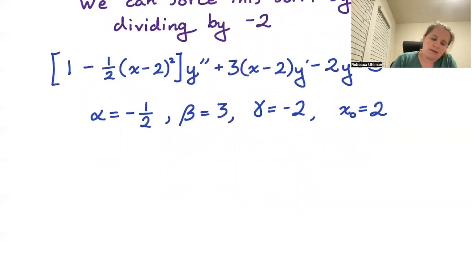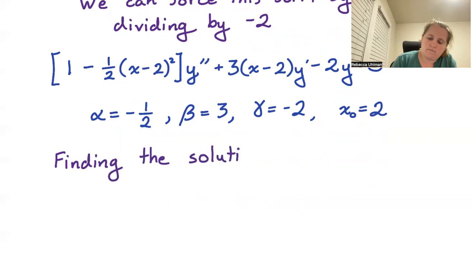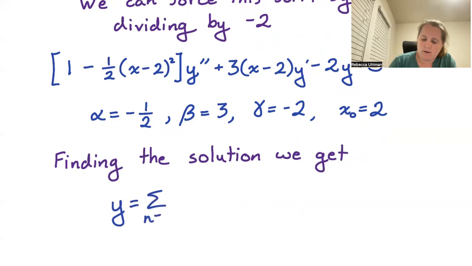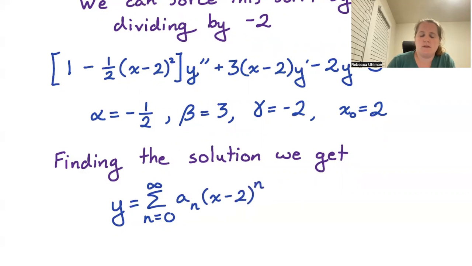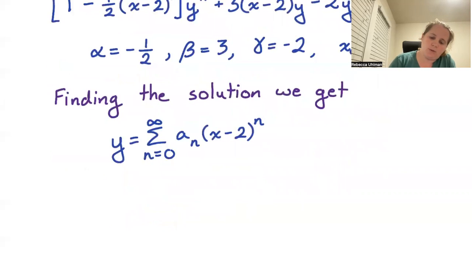So we get the solution: y is equal to the sum from n equals 0 to infinity of a sub n times (x minus 2) to the n, where a0 and a1 are in the real numbers.